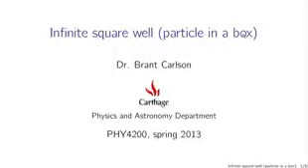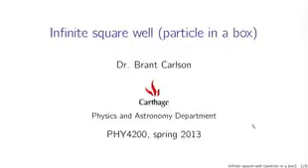We've been talking about solving the Schrodinger equation and how the potential function encodes the scenario under which we're solving it. The first real example of a solution to the Schrodinger equation and a realistic wave function that we will get comes from the infinite square well, which I like to think of as a particle in a box.